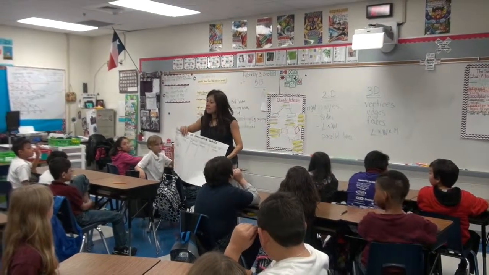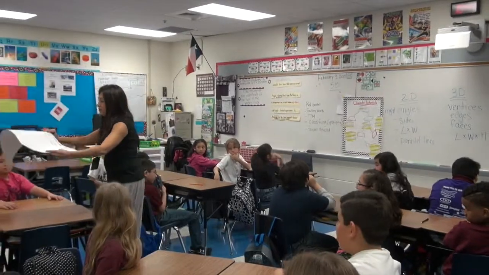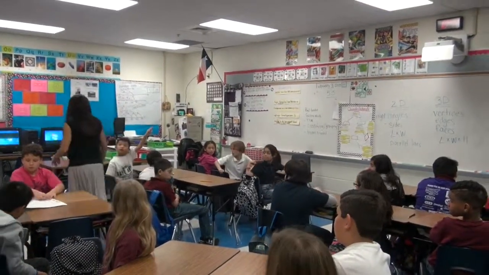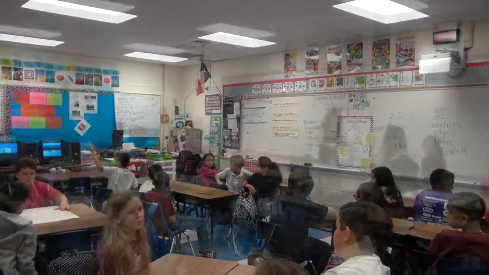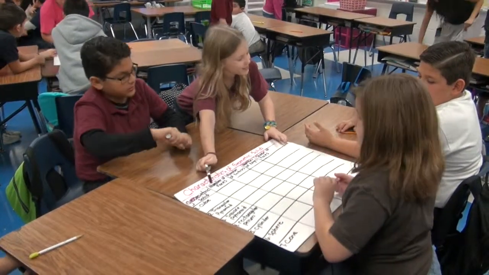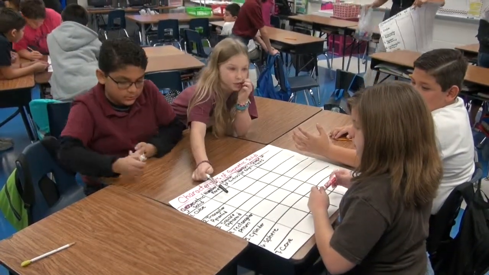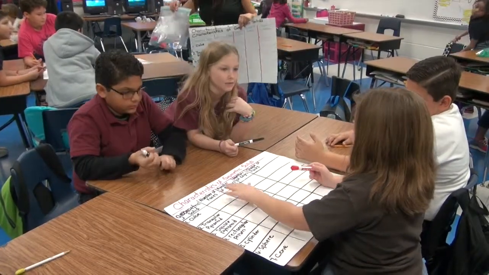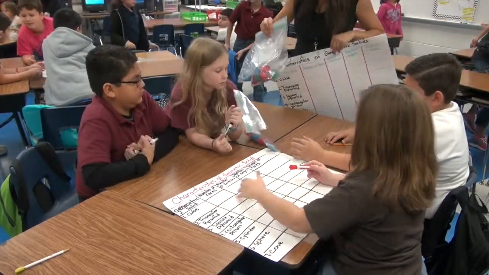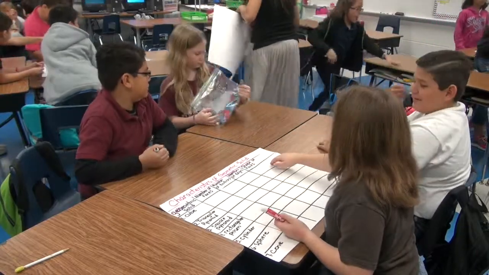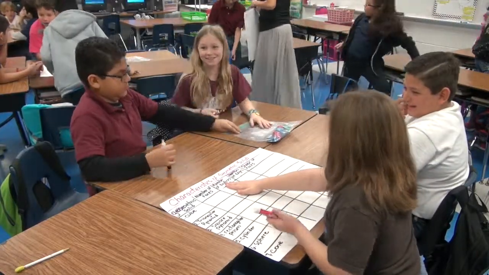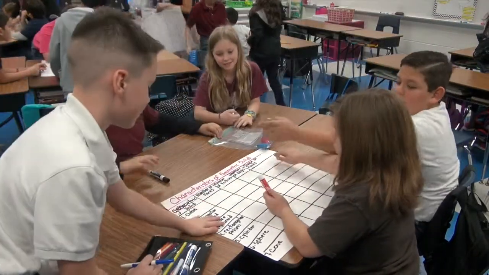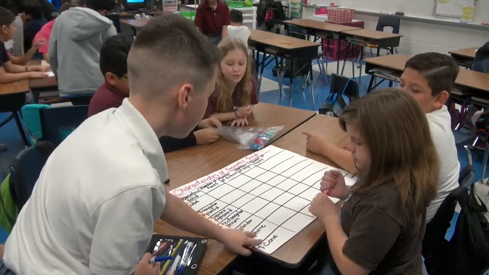So, let's have Cadence's group. Yes, go quickly. Just read the cube and then you'll see a number of faces and then we'll all figure it out together and you'll write it. Here you go. You do the whole line.